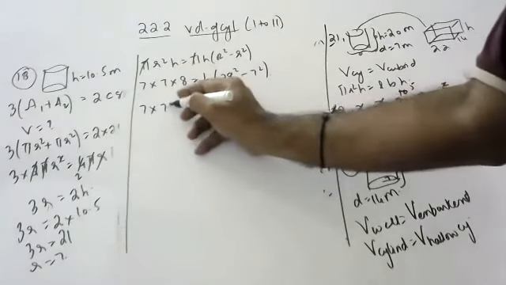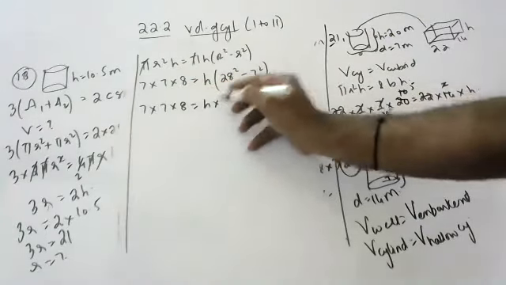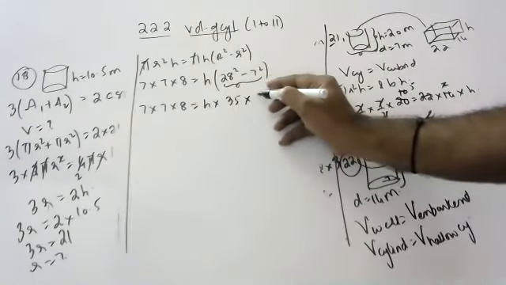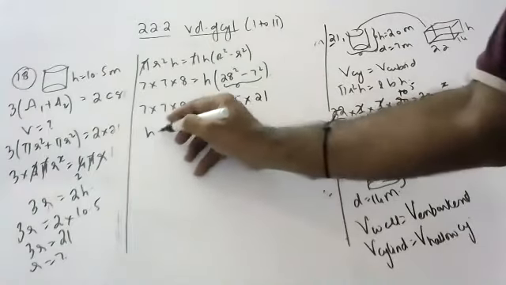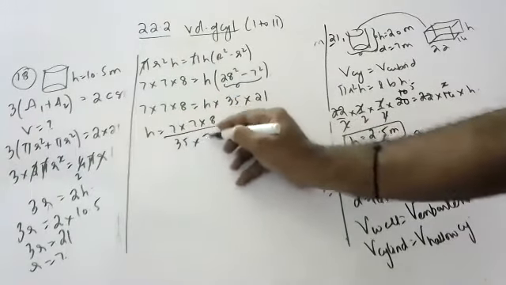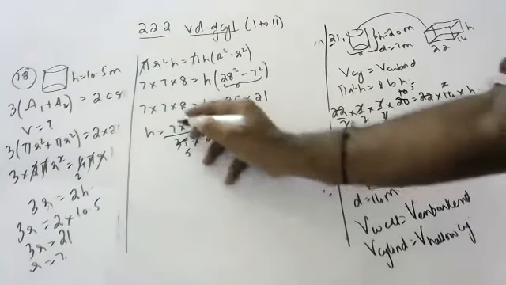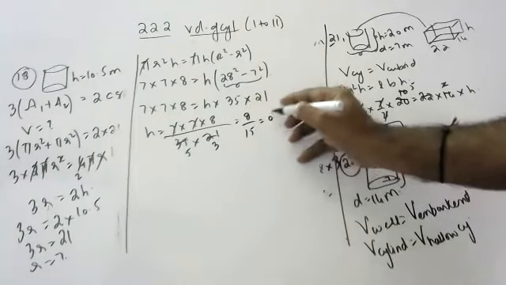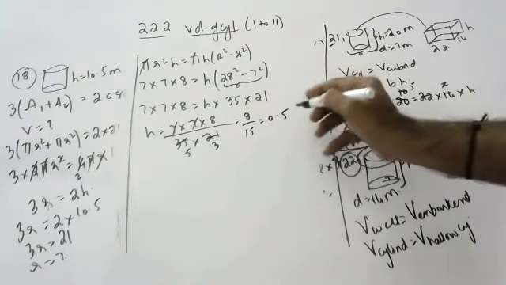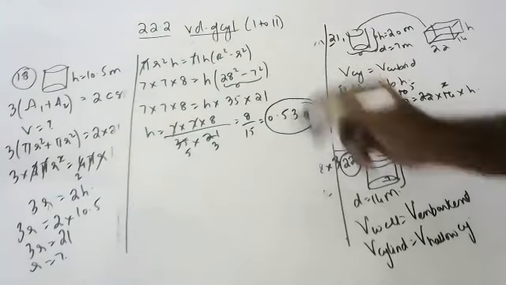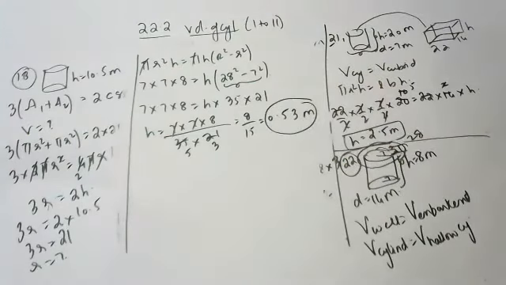So 7 into 7 into 8 equals h into 28 square minus 7 square. a square minus b square is a plus b into a minus b. Very good. So h is equal to 7 into 7 into 8 by 35 into 21, which is 8 by 15, about 0.53 meters approximately, the height of the embankment.